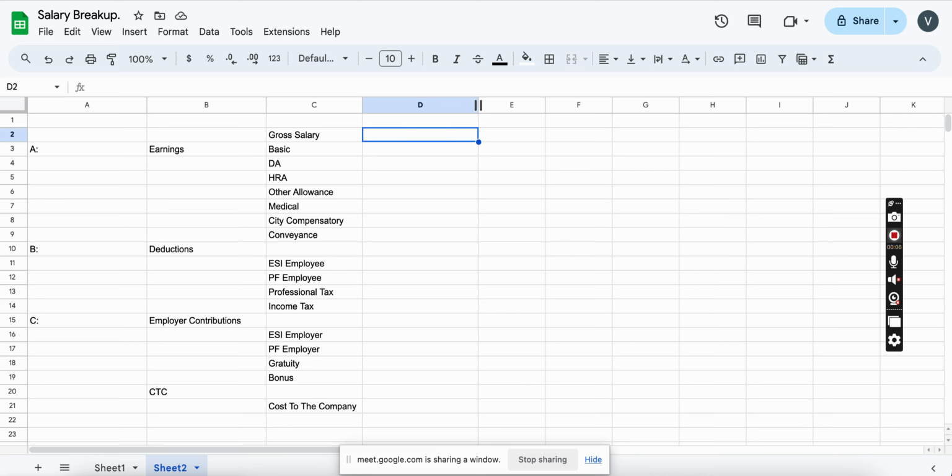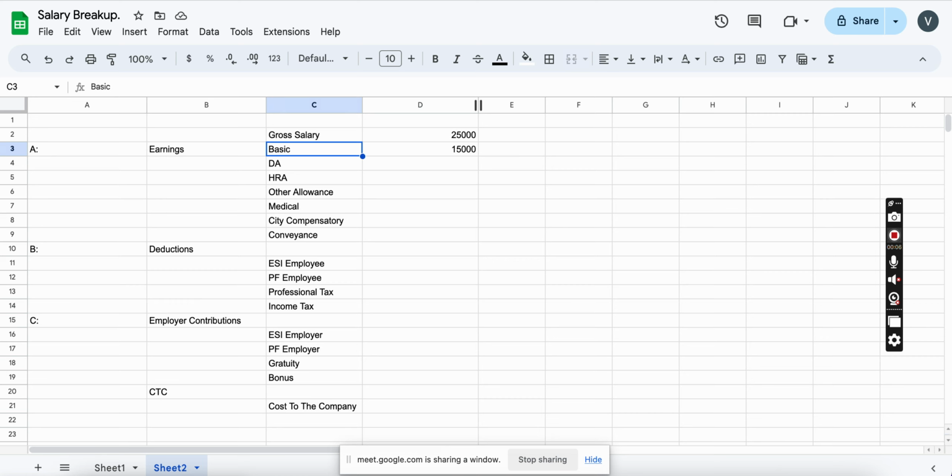For example, if we want to offer somebody a CTC of 25,000 or 28,000, we have to write it as a lump sum amount, 25,000. Now the basic salary will be 60% of gross.